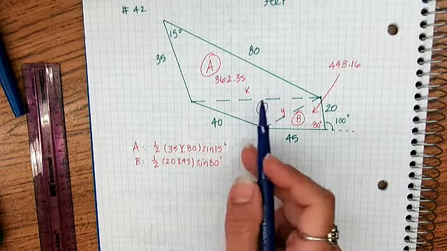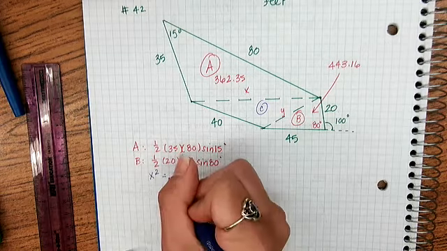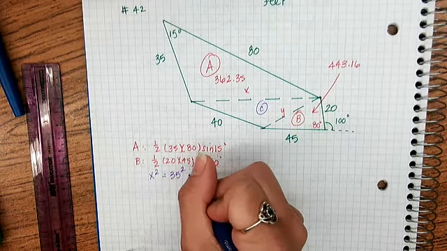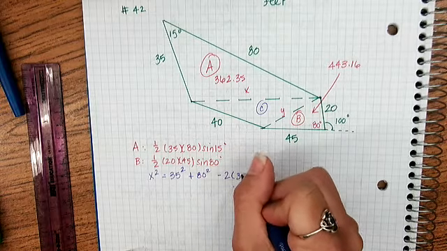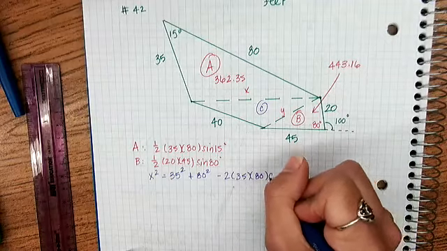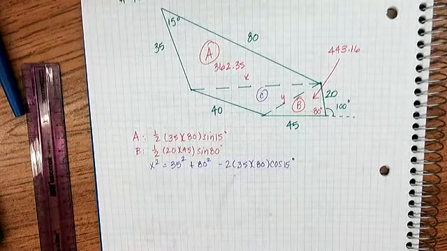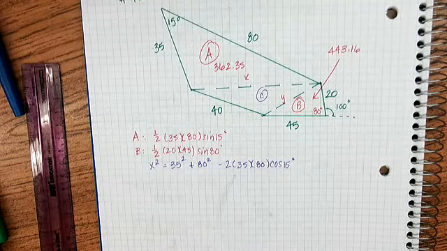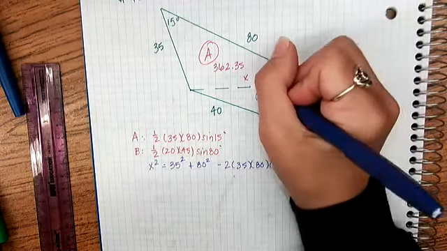I'm going to find side X. So X squared is equal to 35 squared plus 80 squared minus 2 times 35 times 80 times the cosine of 15 degrees. There could very well be a faster way to do this. I'm on my own. This is how I'm doing it. Pause, plug in, get 47.07.